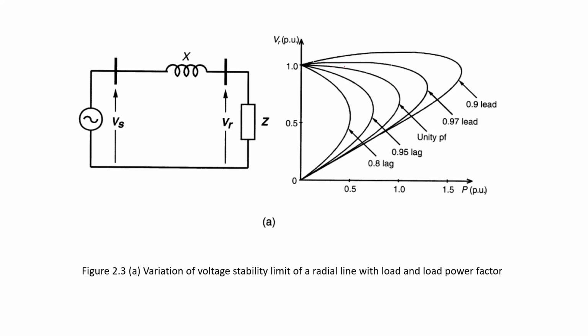The voltage is almost constant up to 1 PU power delivery. But if you go to the power factor that is leading, it means there is a surplus of reactive power. The voltage, which may be a constant value, is greater than its rated value.